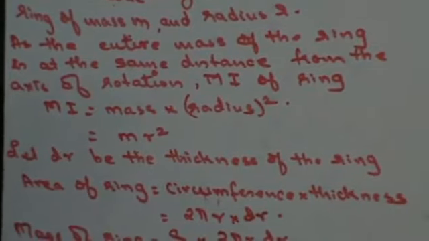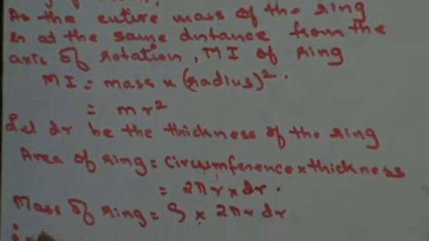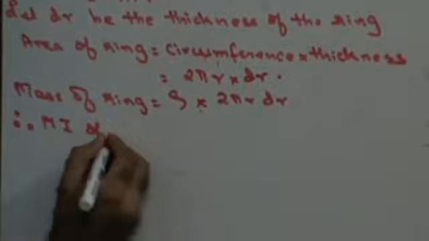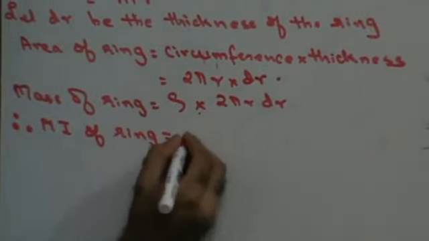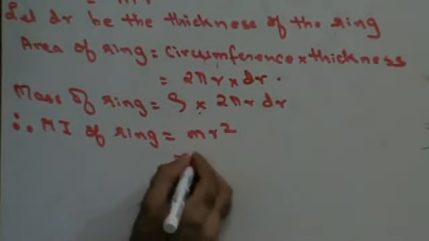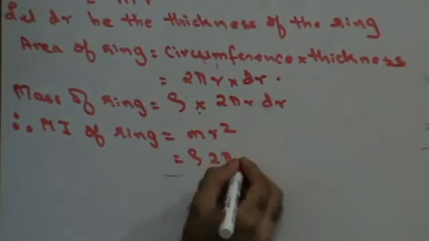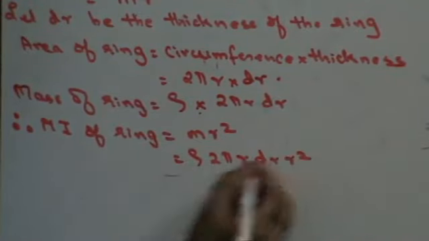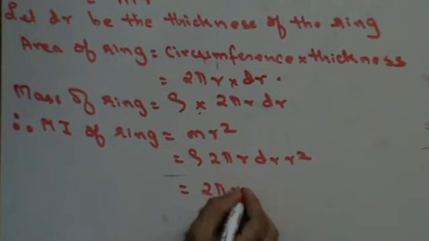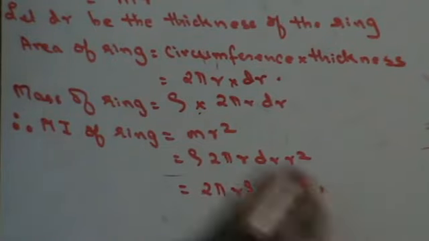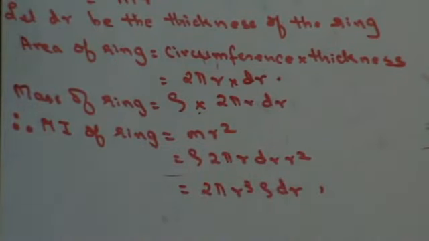Now, in that case, I can therefore say that the moment of inertia of the ring was m r square. M we found out as rho into 2 pi r dr, into r square. So this is 2 pi r cube rho dr, right? Once I have this, then I can say this is the moment of inertia of the ring.